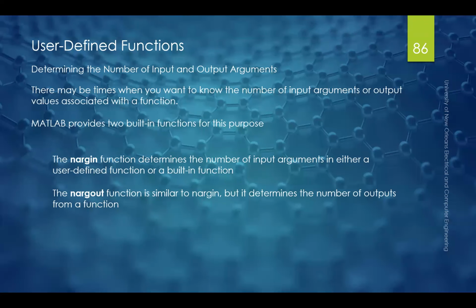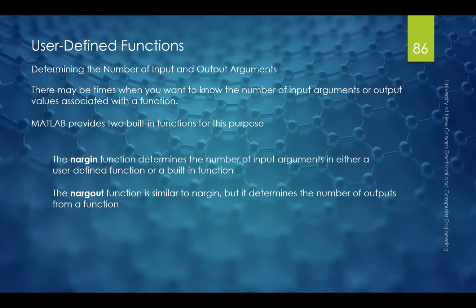So the next thing we're going to look at, and this is very easy, is how to determine the number of input and output arguments in a function. There will be times when you want to know the number of input arguments or the number of values associated with the output of a function.